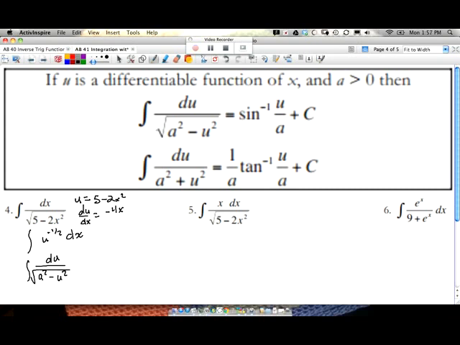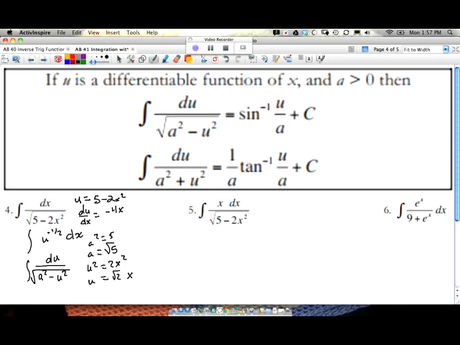If I wanted to do that, that would mean that a is in fact square root of 5, because if a squared equals 5, then a is square root of 5. Similarly, if u squared is 2 times x squared, when I square root both sides, I get u equals square root of 2 times x.